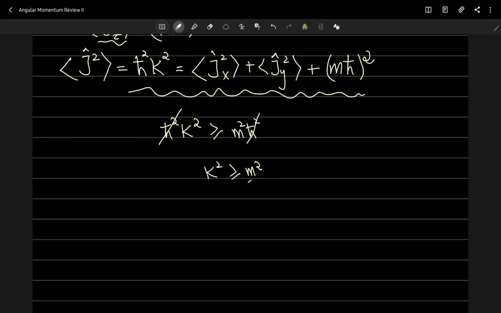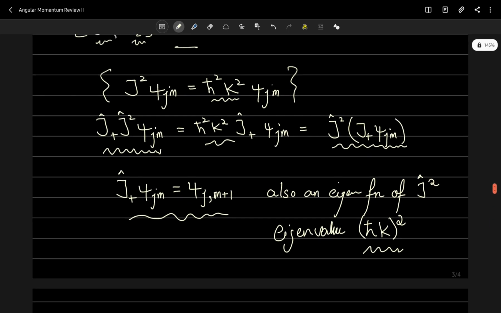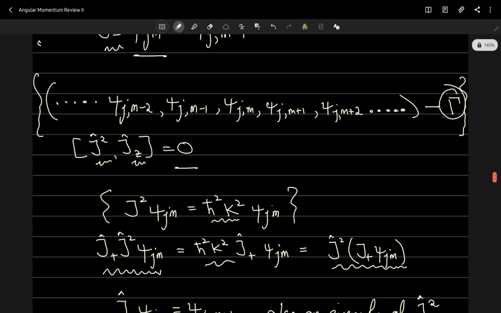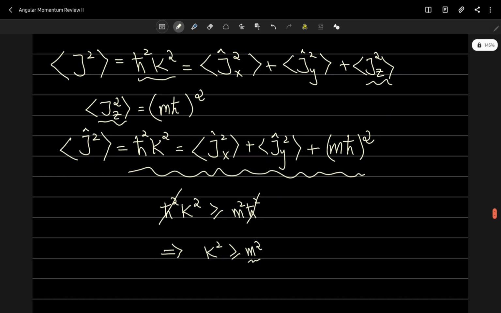So that's the quantum number m. For the possible values of m in the sequence that was given in this equation, it falls between positive k and negative k.